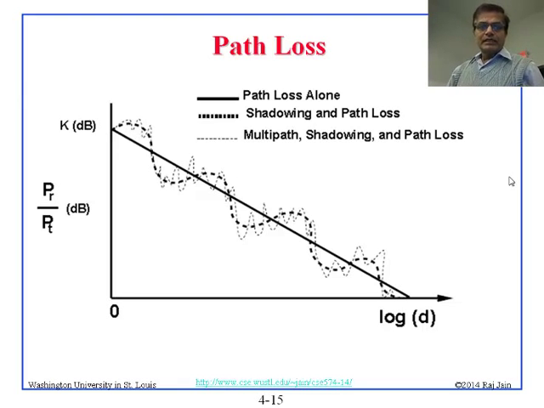Okay? So that thinner thing that you see here is caused by multipath, etc. And the dotted line is caused by shadowing in path loss, and this is the path loss. So this is straight path loss. When you add shadowing to it, you get this, which is the large scale fading. And then when you add the small scale fading, you get small variation like that.